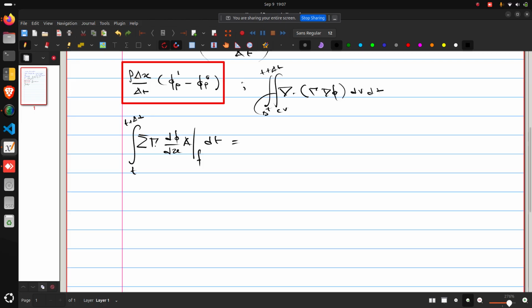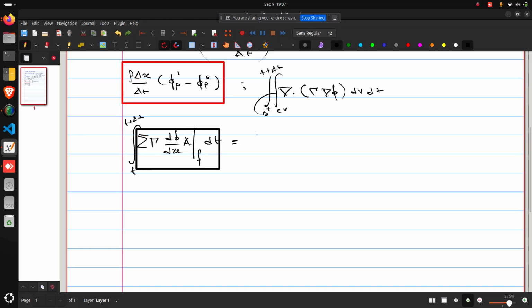And what did we say? That we can assume this time integral to be a linear combination of the values at time step t and time step t plus delta t, right?